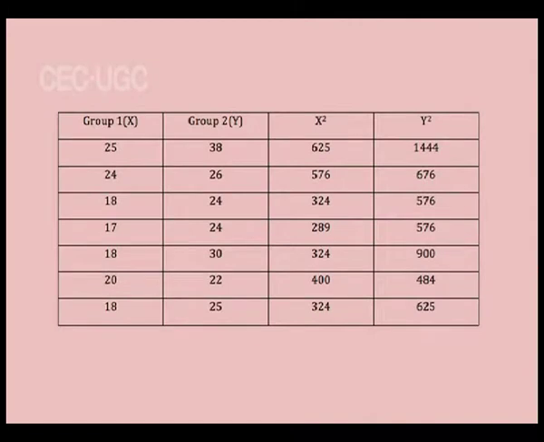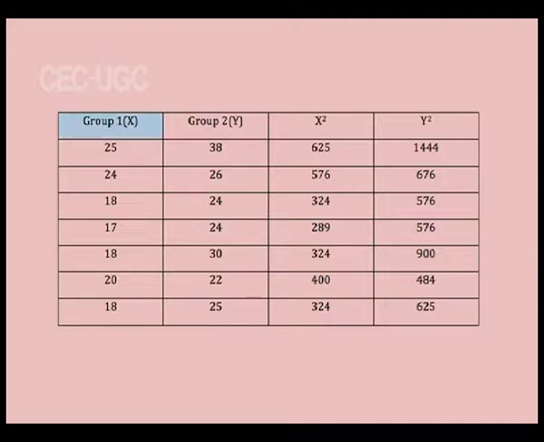On the screen, you will find a table with the scores of two groups of subjects tested with one variable. We are going to determine whether the mean of group 1 and the mean of group 2 differ significantly from each other.